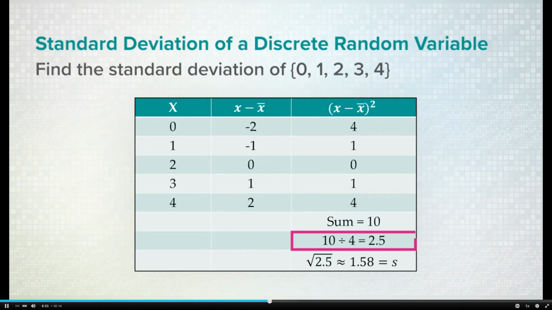So if I take 10 divided by 4, which is the number of values minus 1, I get 2.5. Recall, we're not quite done. That's our variance. So we need to take the square root of that to find our standard deviation.